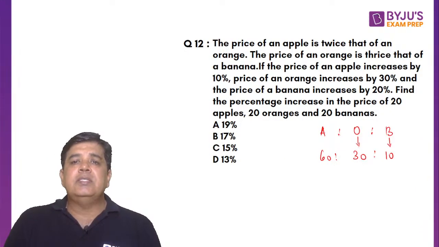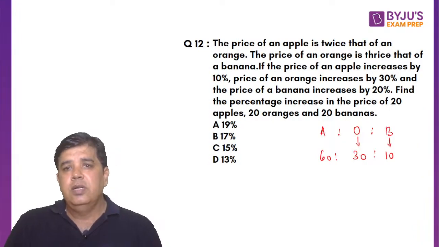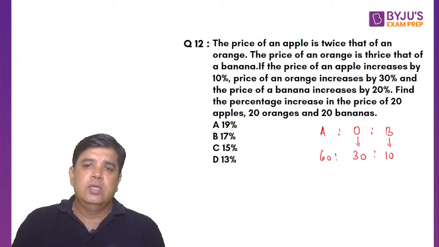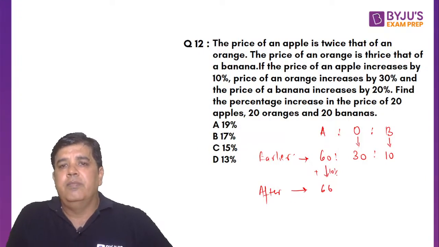If the price of apple increases by 10%, see, 10% means 6 is increased. So this is earlier and this is after increase. 10% increase, it will be 66. Okay.